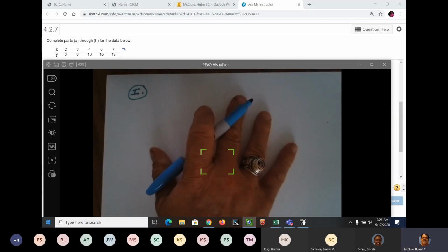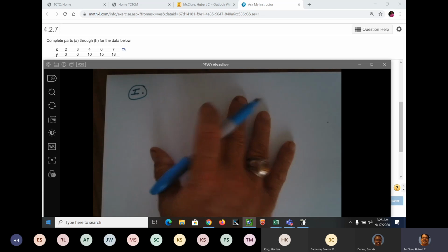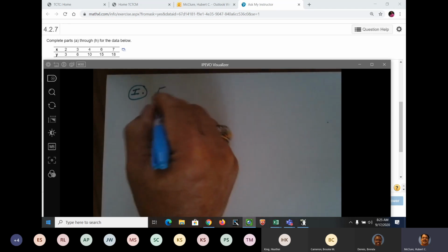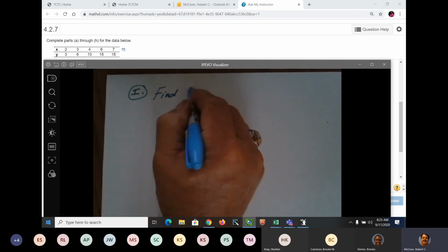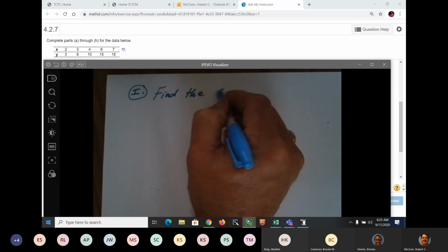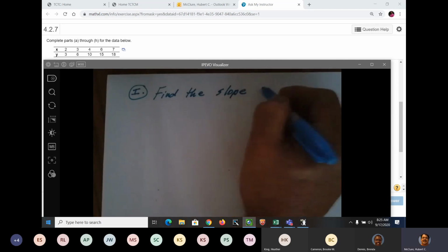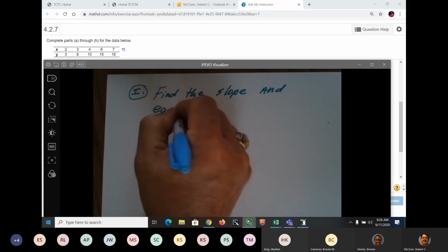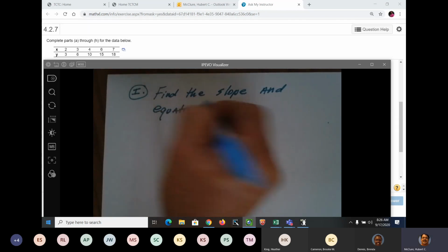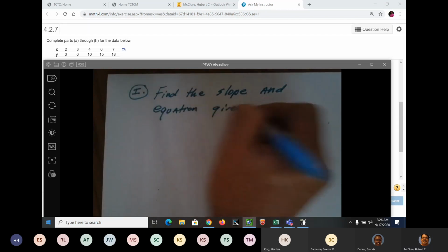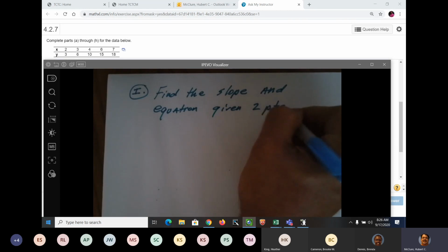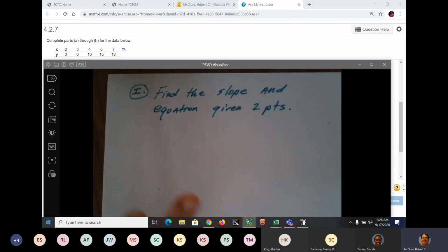There. All right. One, you got to be able to find the slope and the equation given 2 points. Okay, that's the first thing.